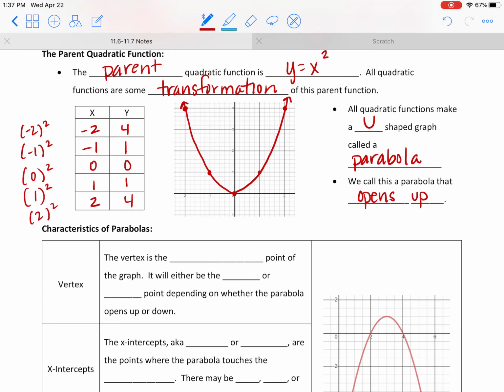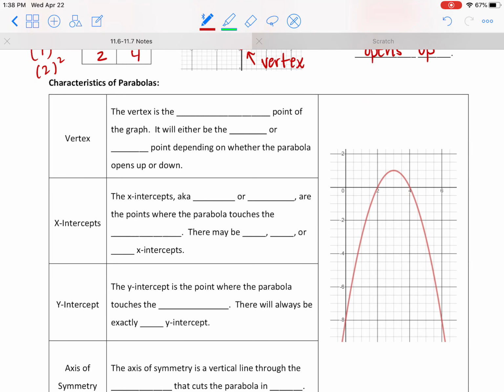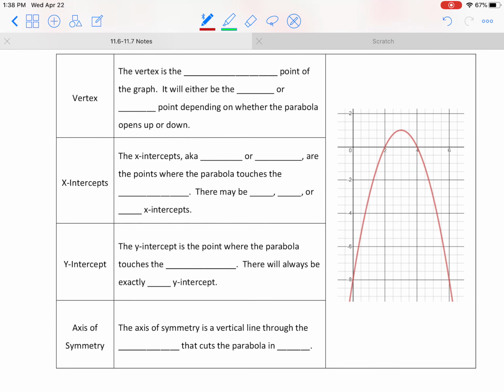Okay, so it's a parabola, and we say that this parabola in particular is a parabola that opens up. And it's possible for the parabola to also open down, but from this point here, which we call the vertex of the parabola, we'll talk more about that in a second, from that vertex the graph goes up. So we say this parabola opens up, okay?